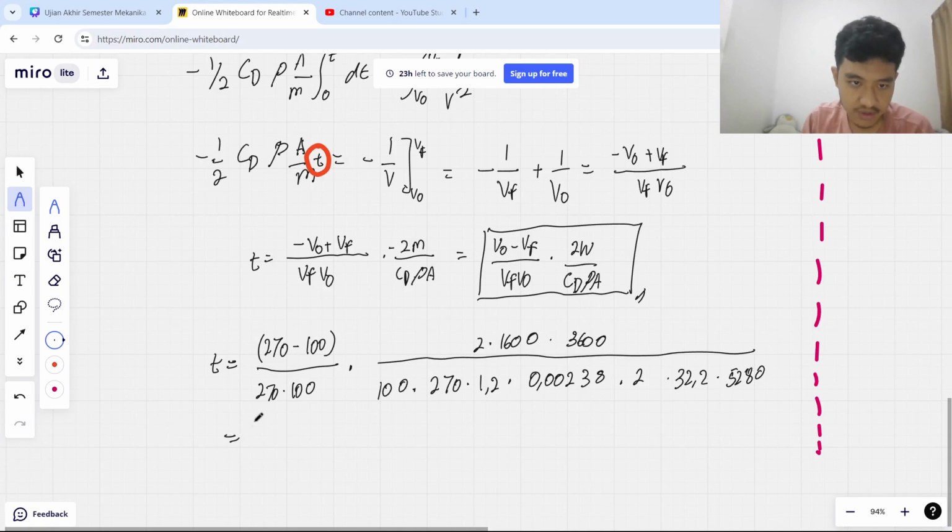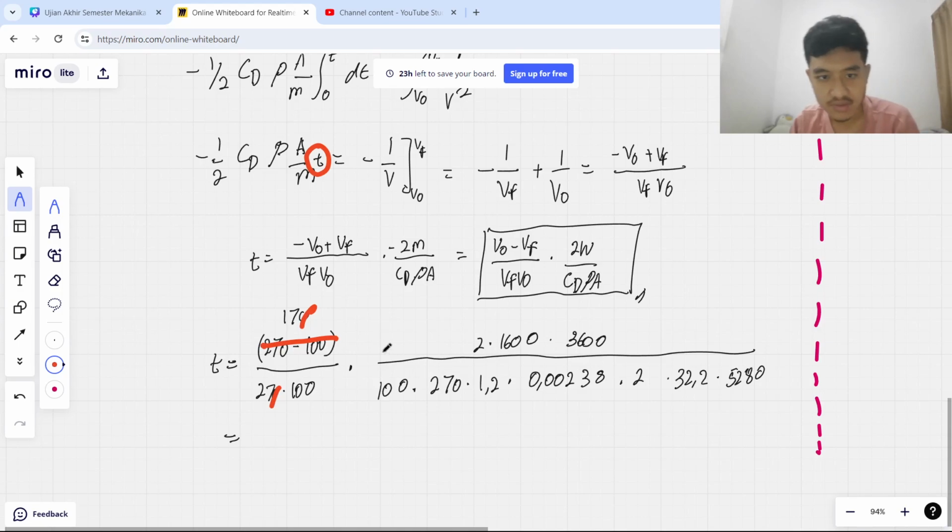So from here, maybe I just do equations. Okay, so this is basically 170. We can get rid of the first zero. We can get rid of this.